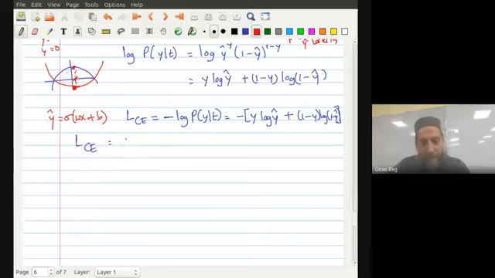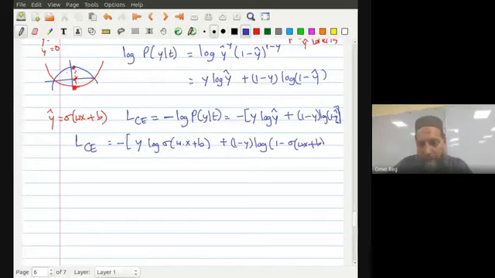So we plug this into the formula: this is the negative of y, the real label, log of the sigmoid of the dot product of w and x plus b, plus 1 minus y and the log of 1 minus the sigmoid of wx plus b.